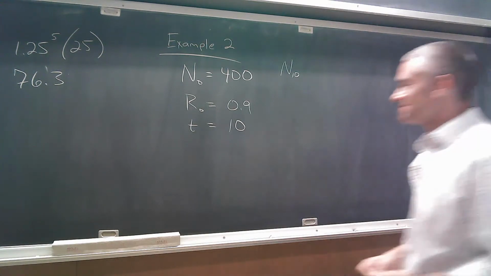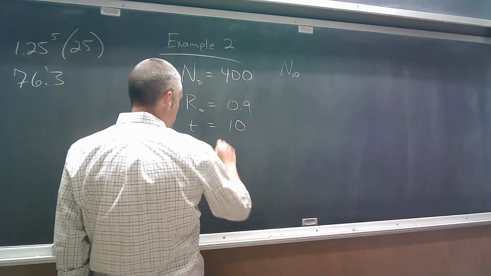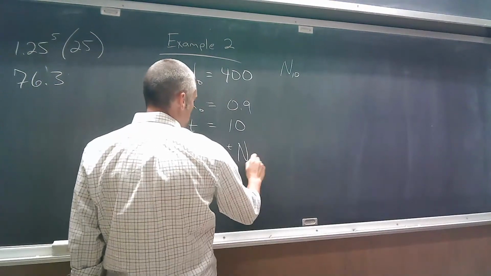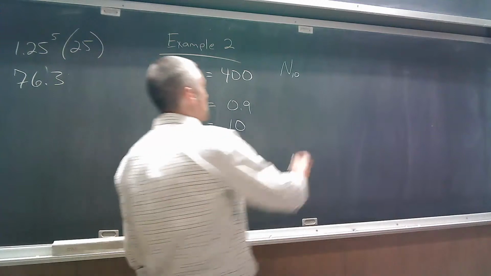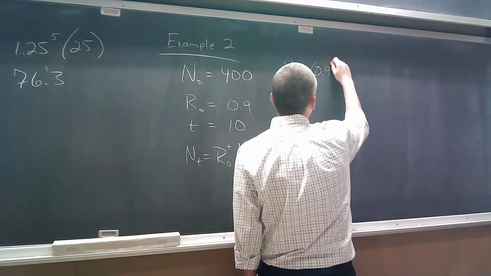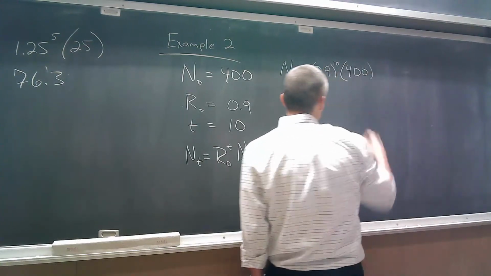Let's check it. We have net reproductive rate. Our equation for this is the same as lambda, but now we're working with a net reproductive rate. We have everything we need: 0.9 raised to the 10 times 400.